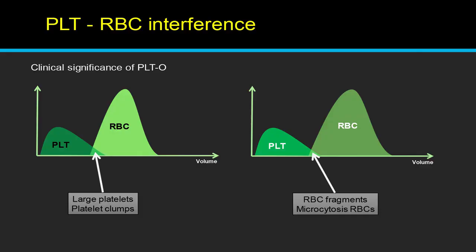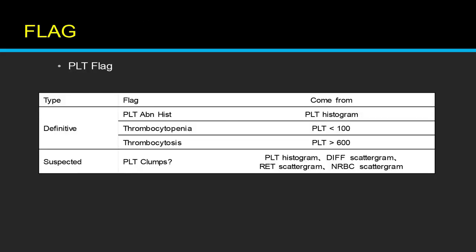Hence came the use of the optical platelet, where you could better differentiate giant platelets and platelet clumps from RBC fragments or microcytic RBCs. The common flags for platelets are platelet abnormal histogram, thrombocytopenia flag, thrombocytosis flag or platelet clump flag. If you see any platelet flag, the ISLH criteria says that you must do a smear review.